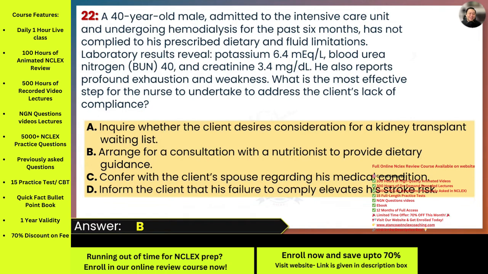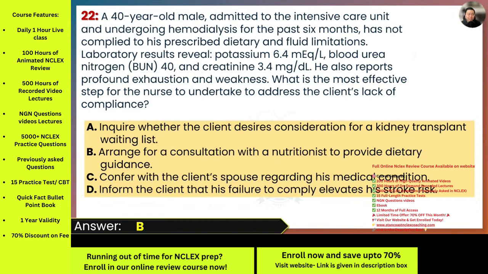Non-compliance with dietary and fluid restrictions is a common issue among hemodialysis patients. It's not always about intentional disregard for medical advice. Many patients lack the understanding of the renal diet limitations, they struggle with food choices, or they face difficulties incorporating these changes into their lifestyle.